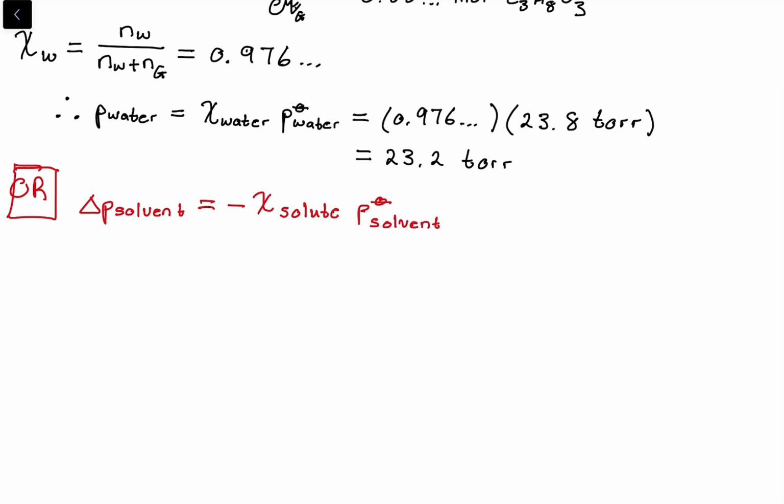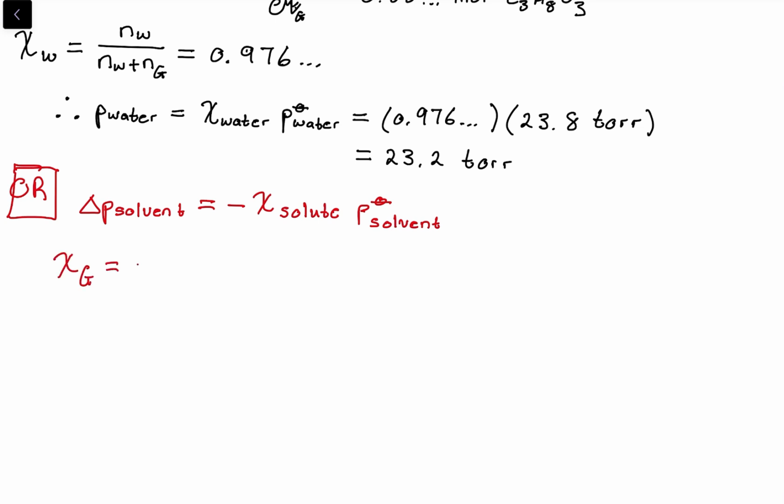Which also makes sense, because the effect on the solvent vapor pressure depends on how much solute you add, so what that change is going to be. So you can just quickly go and check for yourself.